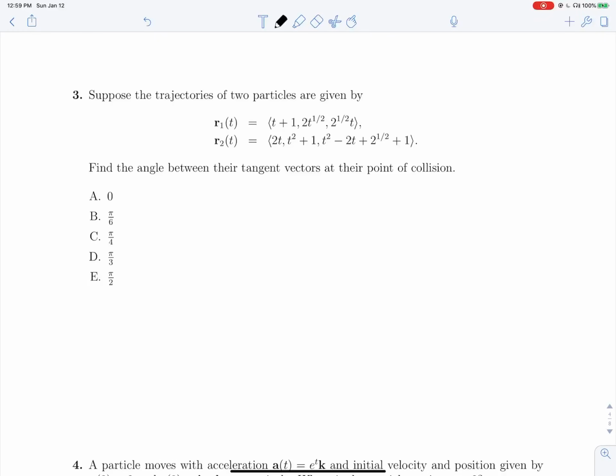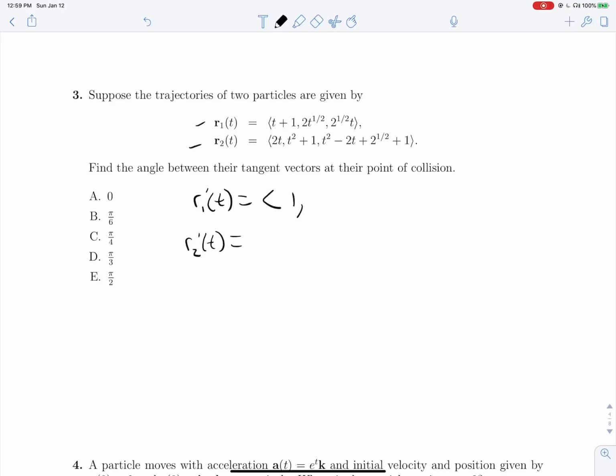Let's suppose the trajectories of two particles are given by r1 of t and r2 of t. We're supposed to find the angle between their tangent vectors at the point of collision. So the tangent vector for each one of these is just going to be r prime of t. So r1 prime of t and r2 prime of t are just going to be the derivatives of each of these components with respect to t.